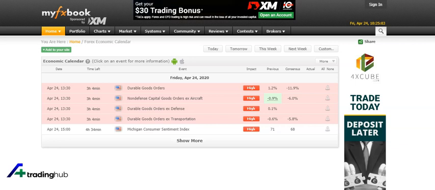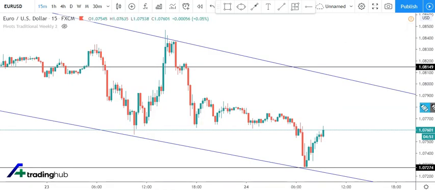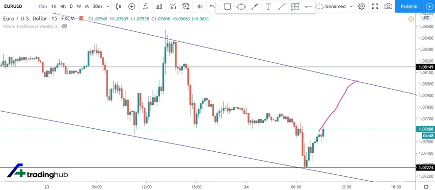So if 3 hours from now price pushes up to this level and the news comes out negative, you look for a correction, a price correction, something of this nature, but on the bullish, like something of that nature. You look at for it on the 15-minute time frame.